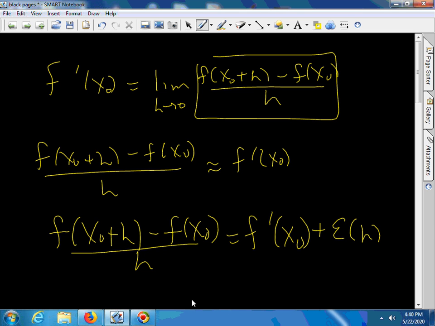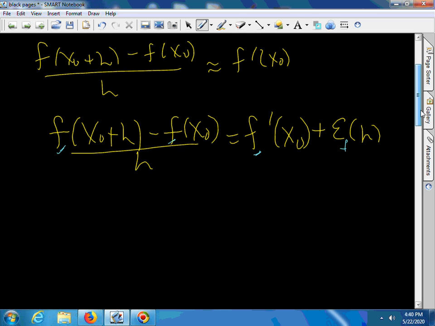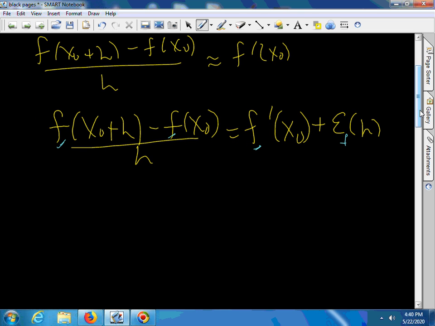And since I'm going to be writing a lot of these error functions, let's just denote by putting a little f there that it was associated with the f function.